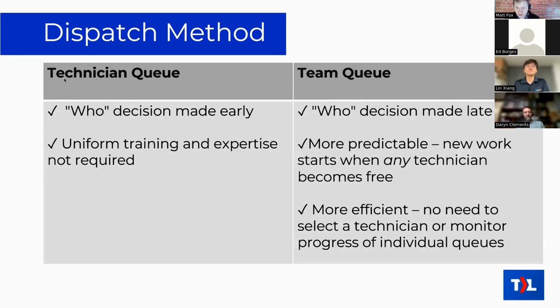So in a technician queue, where each tech has their own queue, the decision about who does the ticket is made early, kind of immediately after the triage happens. So that's why triage and dispatch are sometimes mixed in together.